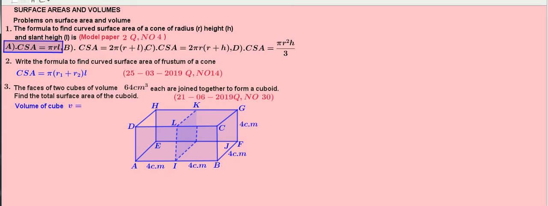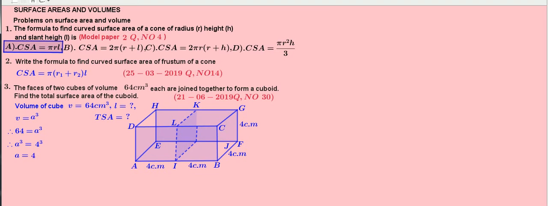Here volume of cube V is equal to 64 cm cube. The length of the cuboid has to be calculated. Here we have to calculate the total surface area of the cuboid also. V equal to a cube, therefore 64 equal to a cube, that is a cube is equal to 4 cube.